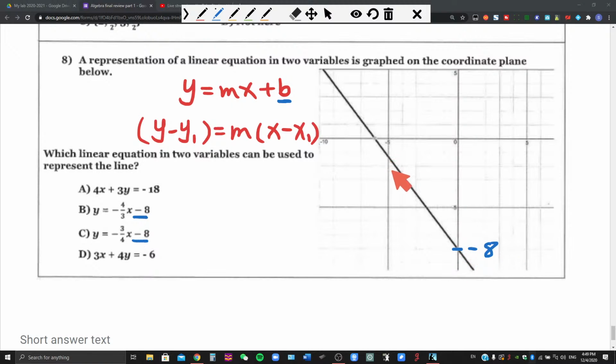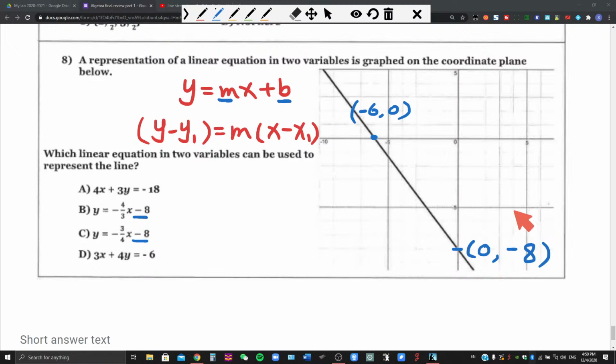Now let's do the slope. For slope, we need 2 points. We have 1 point here, negative 6, 0, and 1 point here, 0 and negative 8.